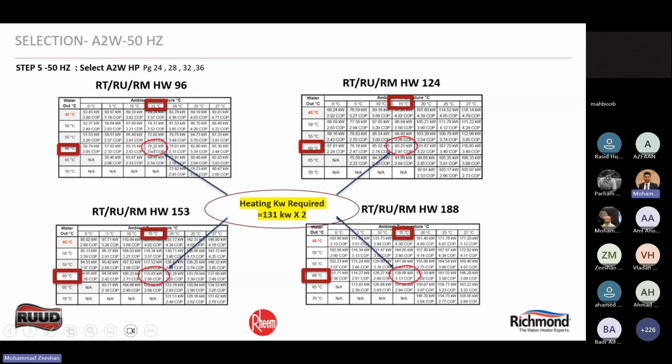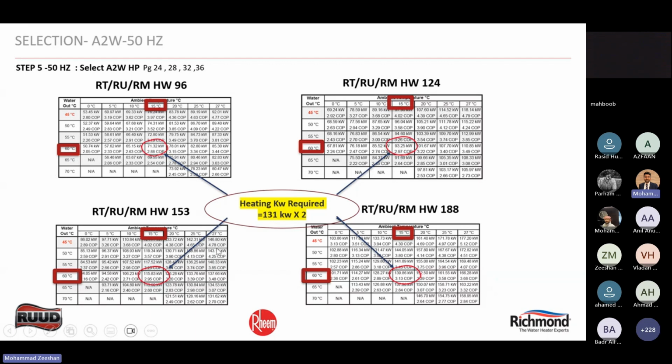In this example, for the 96 kilowatt heat pump, which is the nominal capacity, at the ambient conditions that I require during winter, I'm getting 71.32 kilowatt of energy. Same goes for 124 kilowatt as well. I'm getting 93.25.